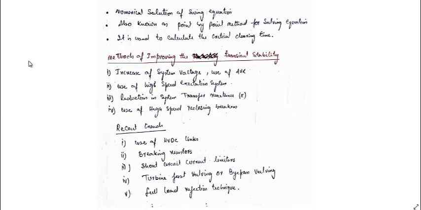We have discussed earlier there were different methods of improving the stability. So that was the steady state stability. Here also we have some methods which are used to improve the transient stability. The first one is the increase in the system voltage, that is, use of area.